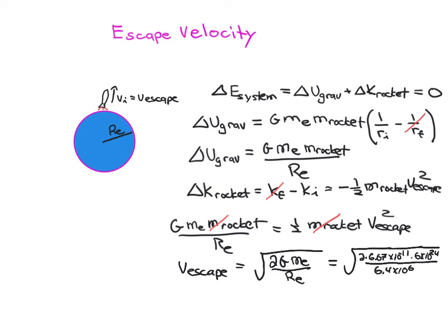And if you crunch those numbers in your calculator, what you find out from this simple calculation is that the escape velocity for a rocket leaving the Earth's surface is equal to about 1.1 times 10 to the 4th meters per second, about 11 kilometers per second, which is pretty fast.